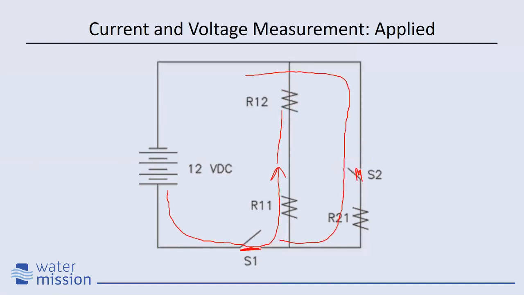So if both of these switches are closed, then our path of electricity is going to come out of our battery. Some is going to go this way, some is going to go this way. And then it's going to remerge on the back side here and going to keep flowing like that.